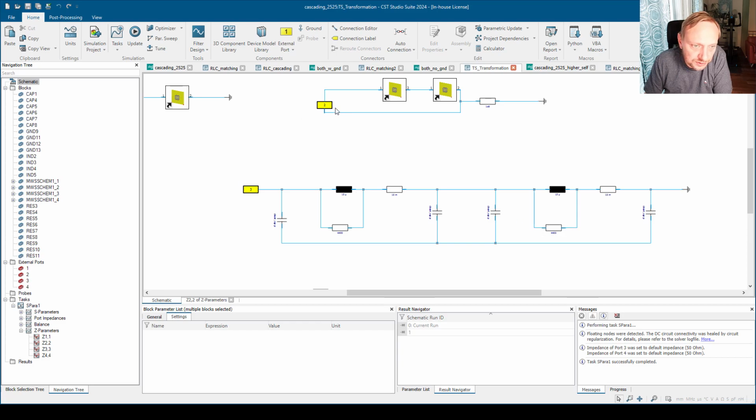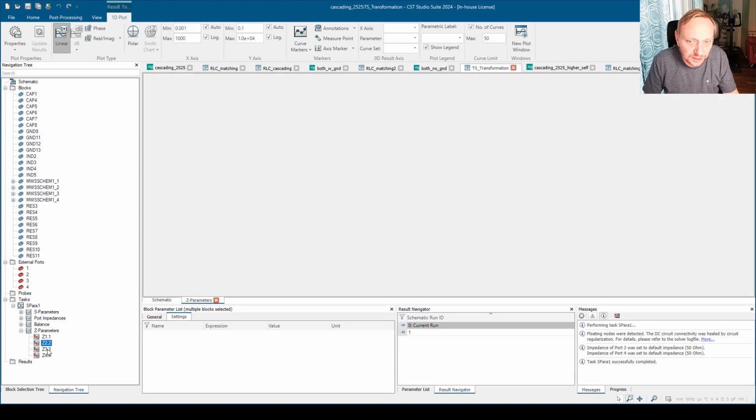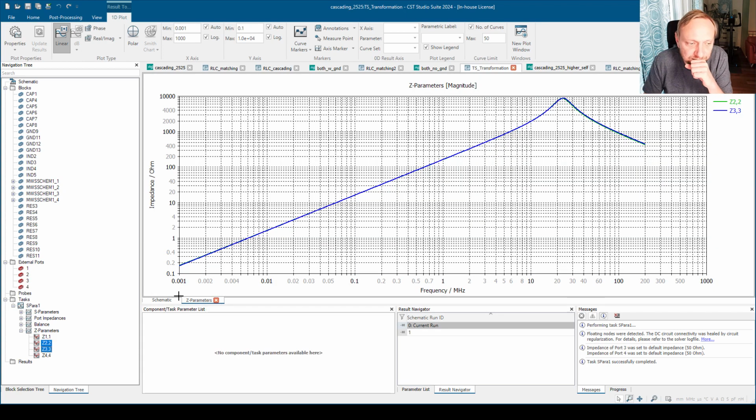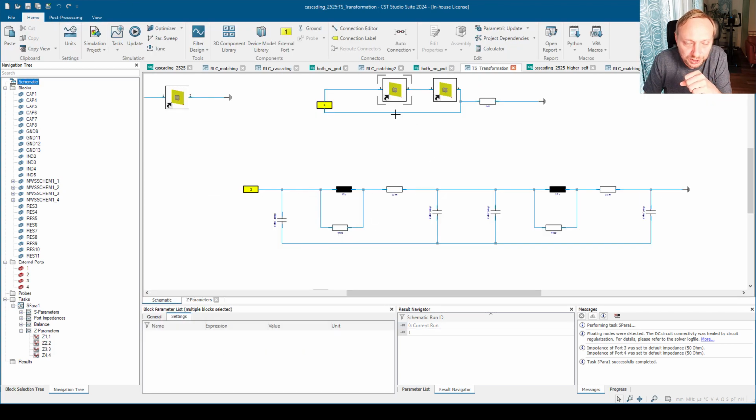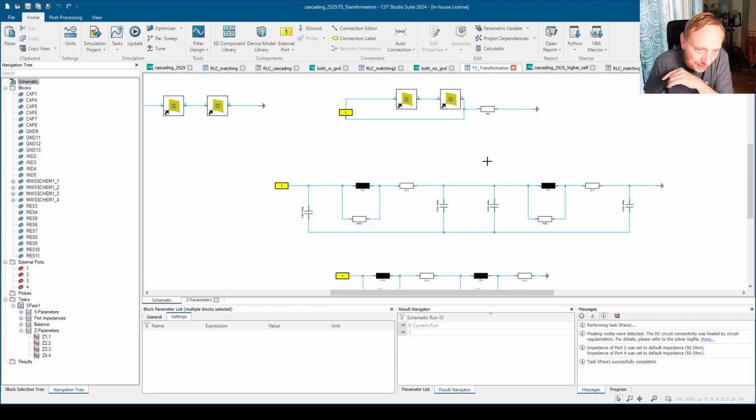So Z22 and Z33 are now very similar. This is the transformation I'm doing by defining a circuit like this, and that's maybe not what you would expect. So manipulating this Touchstone file on a circuit can be quite challenging, and you have to understand what you're doing.